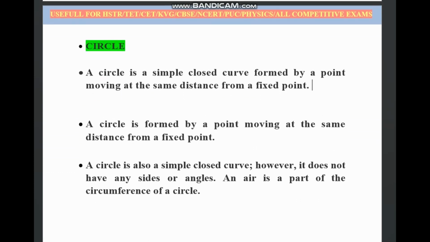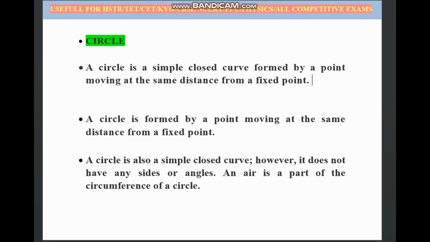Next, circle. This is very useful for your examination. A circle is a simple closed curve formed by a point moving at the same distance from a fixed point. If I take this fixed point as O, I will have n number of points which are at an equal distance from the central point. And this distance is nothing but the radius of the circle.